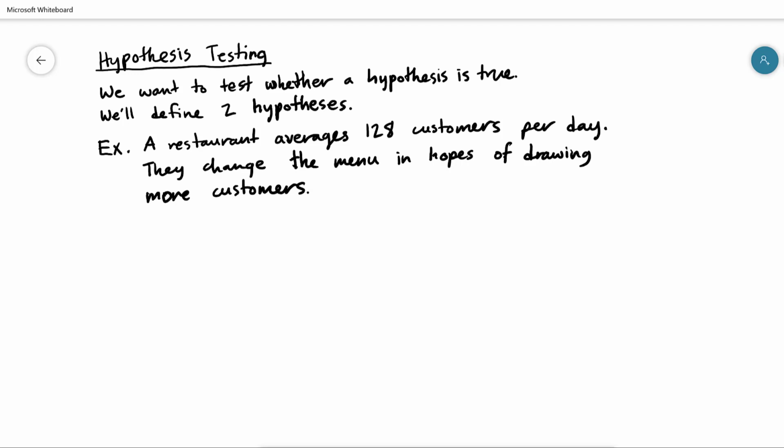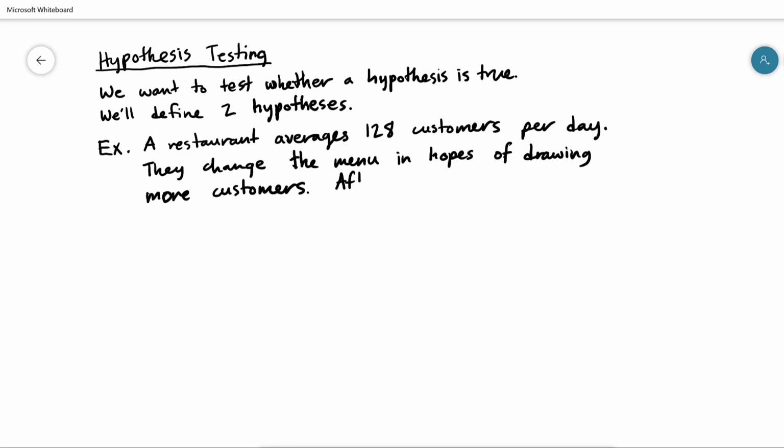Typically, one of these problems will also have some sort of evidence saying that after this menu change, maybe they drew more customers per day. And so they'll have some sort of evidence either stating that we think that this change worked or that it didn't. So I'll sneak that in here. These won't always have this evidence stated, especially in this section.